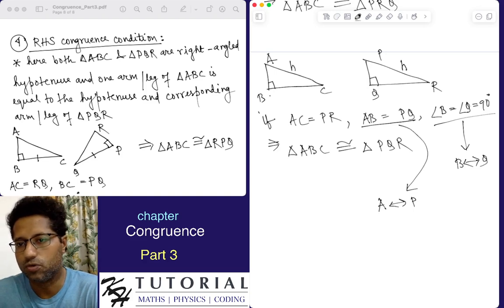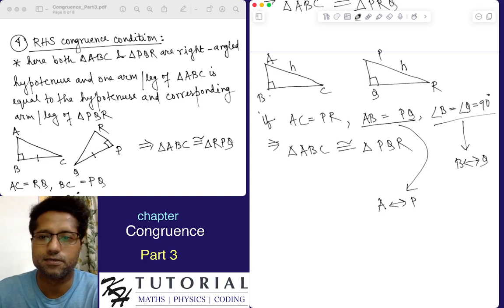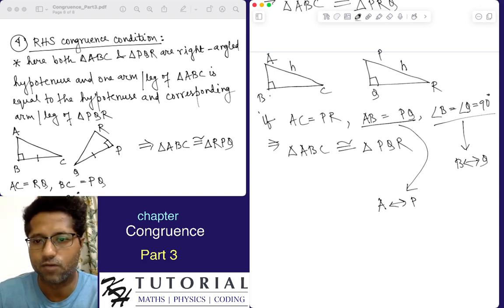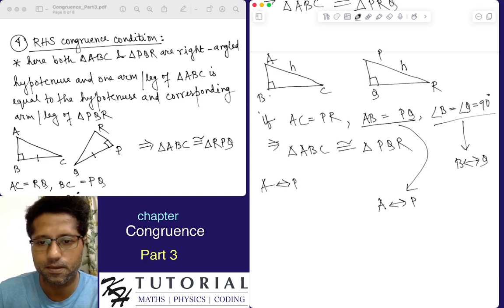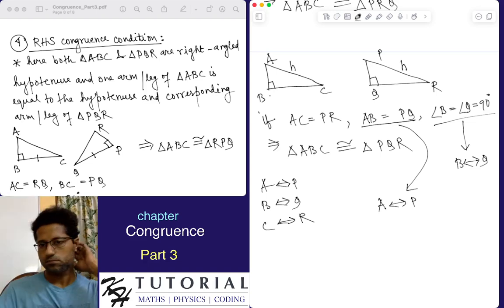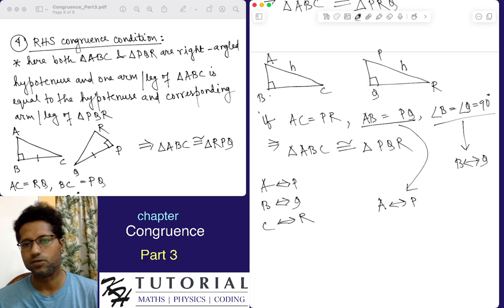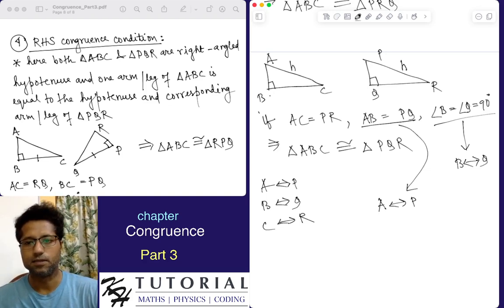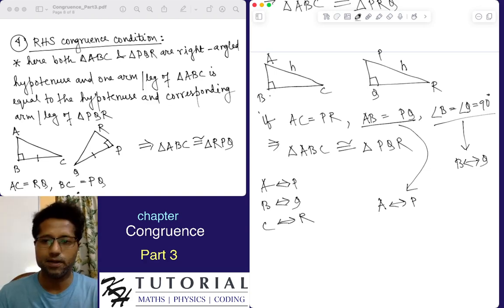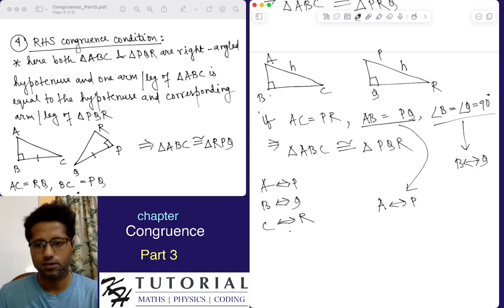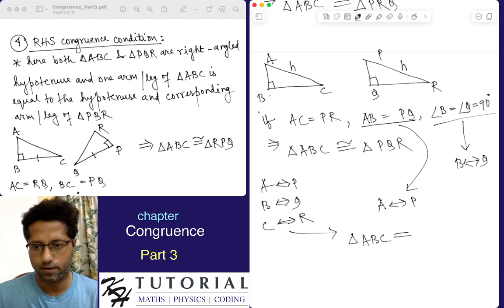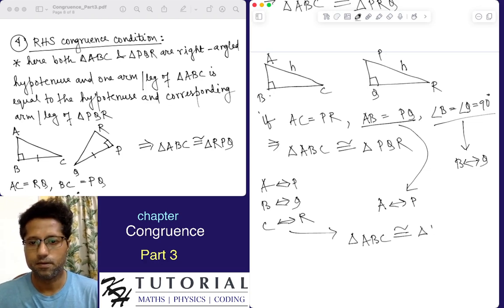Because I know B is mapped to Q. So in AB equals PQ, it has to be the case, since B is mapped to Q, that A should map with P. So now we have got that A is mapped to P, B is mapped to Q, and C is mapped to R. Now B is mapped to Q we already know, because we have assumed that the triangles are right angled at B and Q. Using that information and the information that AB is equal to PQ, we have found that A is mapped to P. Automatically we will know that C has to map with R. So this will imply that triangle ABC has to be congruent to triangle PQR.